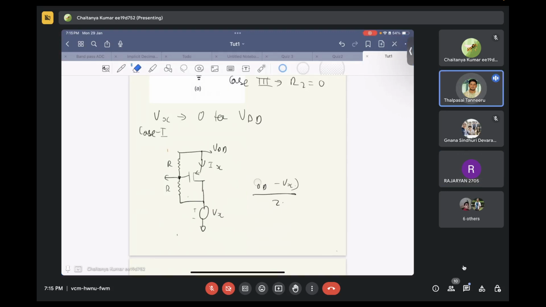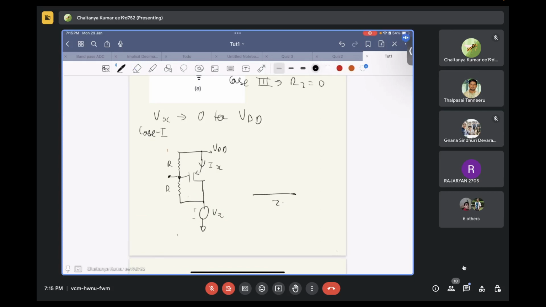Sir, across the gate only you're asking voltage, right? No, no. The absolute voltage at this point, not across the gate, I am talking about this potential with respect to ground.